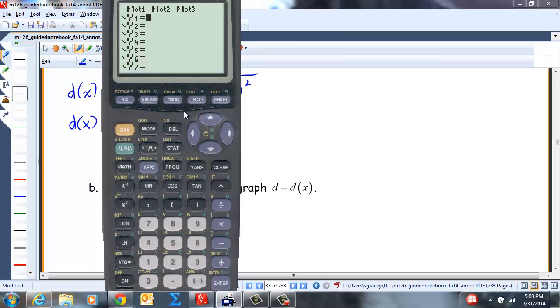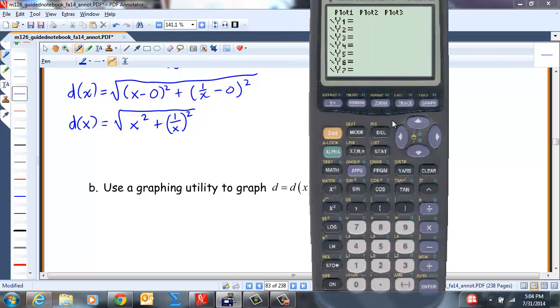Okay, so let's see what we have going on. So it was the square root of x squared plus quantity 1 divided by x squared, and then I'll end it with a parenthesis. And I didn't do squared, did I?